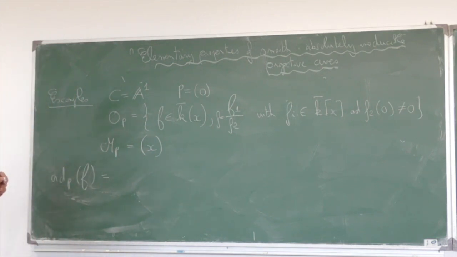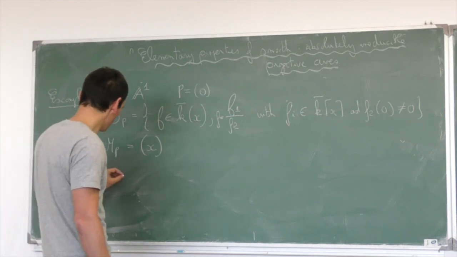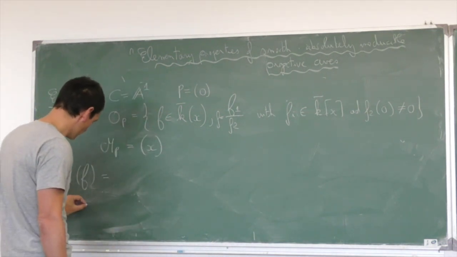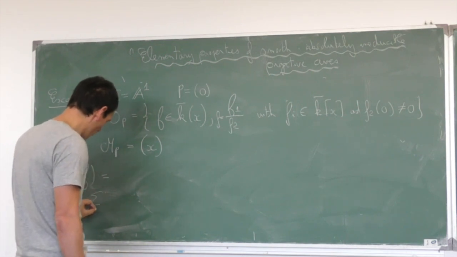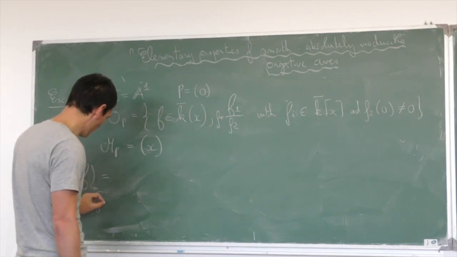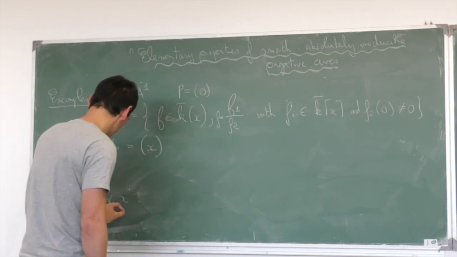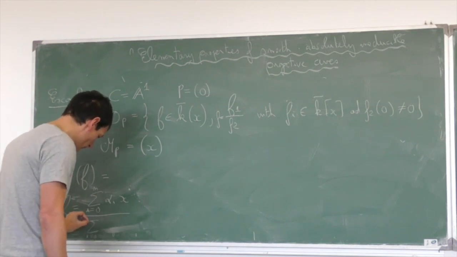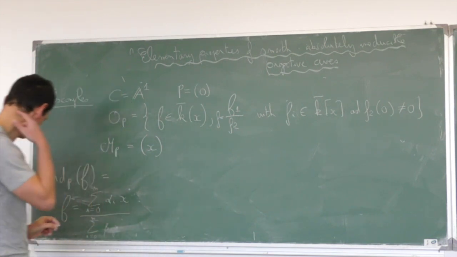Let's say f is written as the sum from i equal 0 to n of alpha_i x^i over the sum from i equal 1 to m of beta_i x^i.